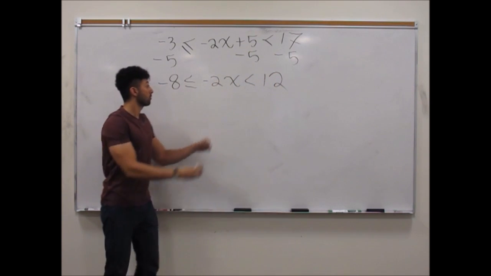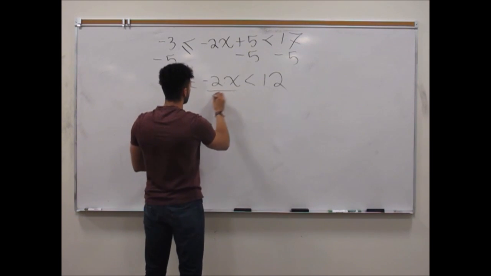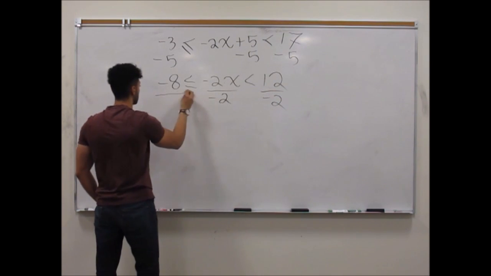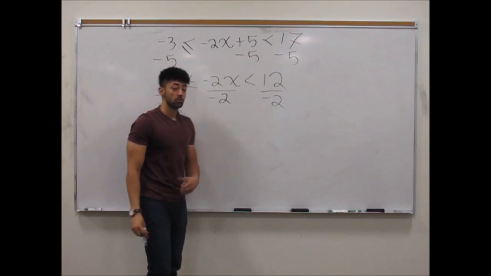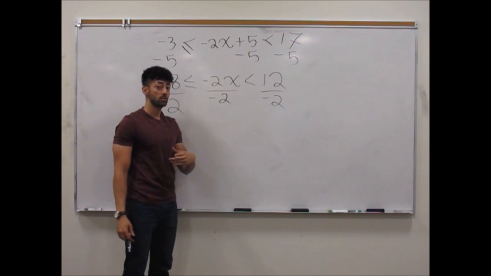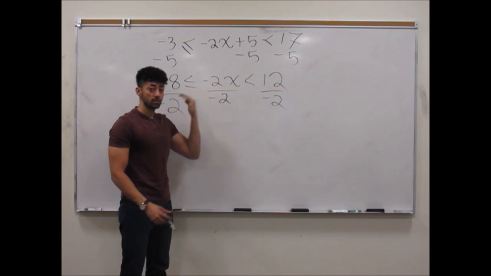Okay, so now the only thing we have to do is divide by -2 on all 3 sides. Remember from just basic inequalities, when you divide or multiply by a negative in the process of isolation, the signs have to flip. So both of these inequalities have to flip right now.